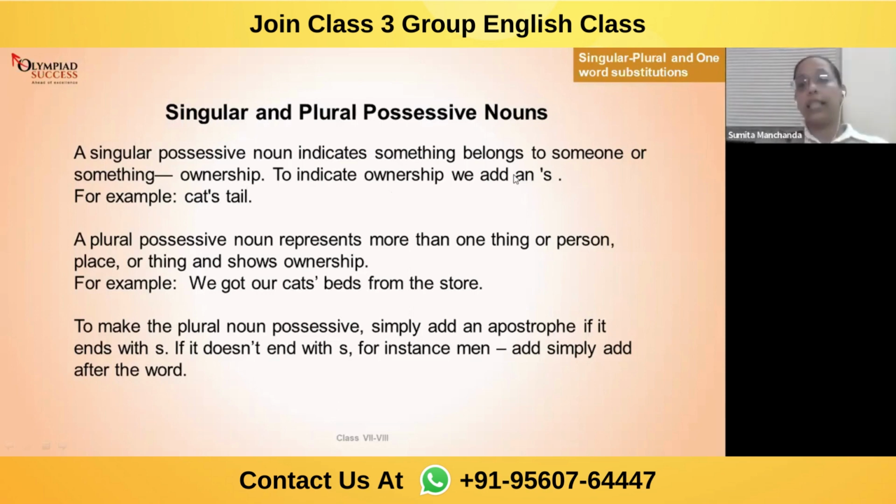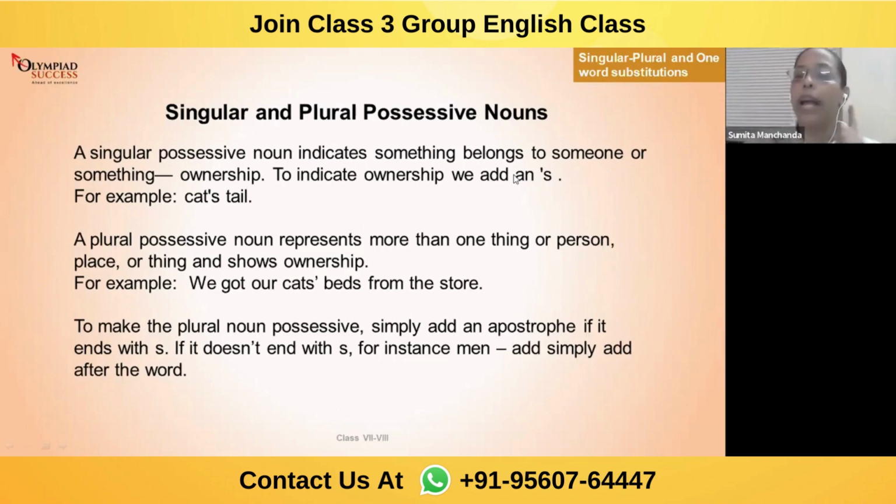Now, I am saying cat's, C-A-T apostrophe S. That doesn't mean I am talking about many cats over here, because there is an apostrophe before S. And why have I put the apostrophe before S? Because I'm talking about tail. The second word is tail. That tail belongs to whom? That tail belongs to that particular cat.